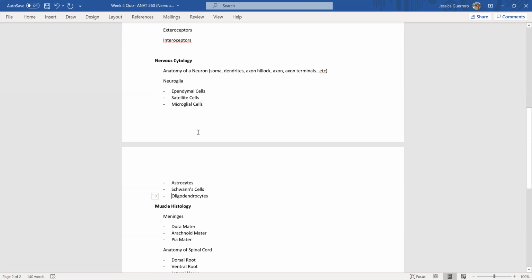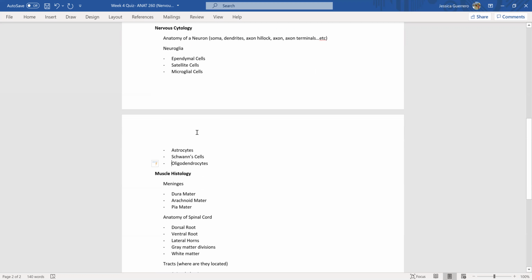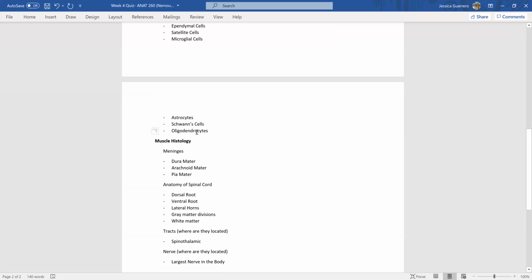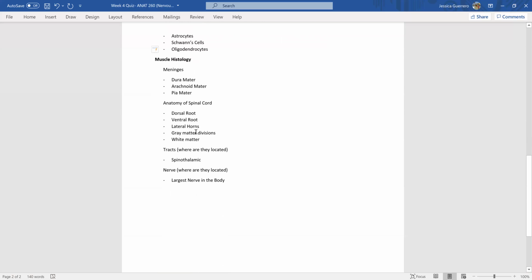Anyways, make sure you're familiar with the neuroglia and their function and their location. So whether they're central nervous system or peripheral nervous system, what jobs have they been assigned or are they responsible for?